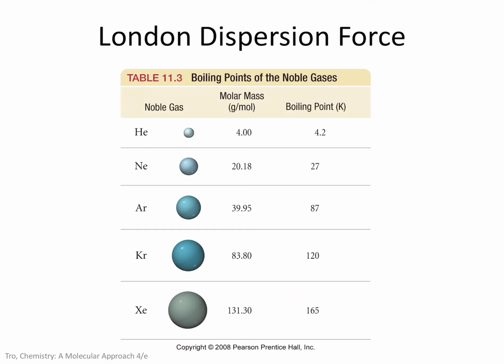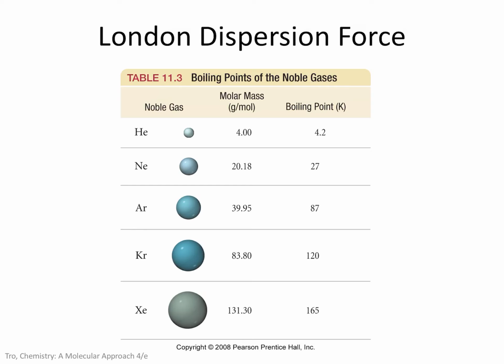Now if we think of the relative strength of London dispersion forces, the magnitude of the dispersion forces depends on how easily the electrons in the atoms or molecules can move or polarize in response to an instantaneous dipole, which depends basically on the size of the electron cloud, which is the size of the atom.